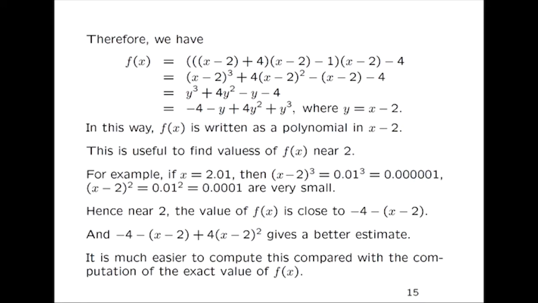So if you replace x minus 2 by y, then you get y cubed plus 4y squared minus y minus 4. So in that way, you can write a polynomial in x, that means the variable is x, as a polynomial in y, which is equal to x minus 2.